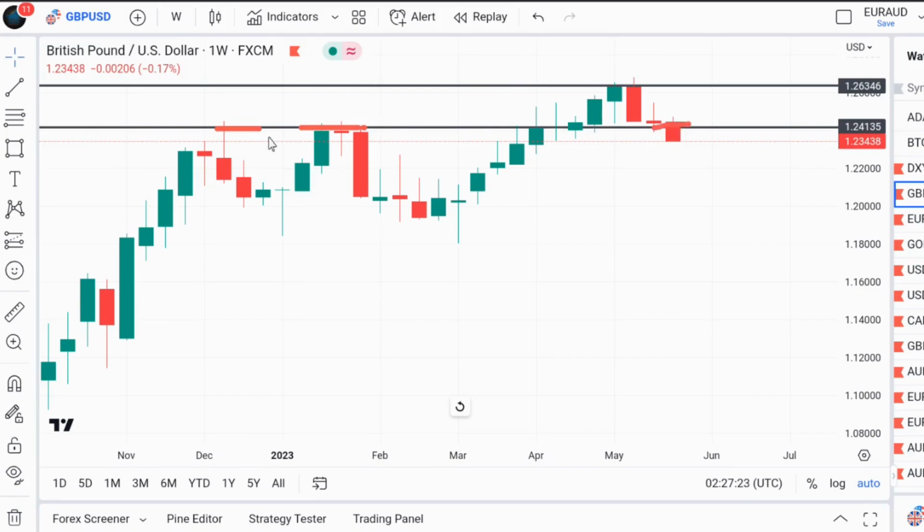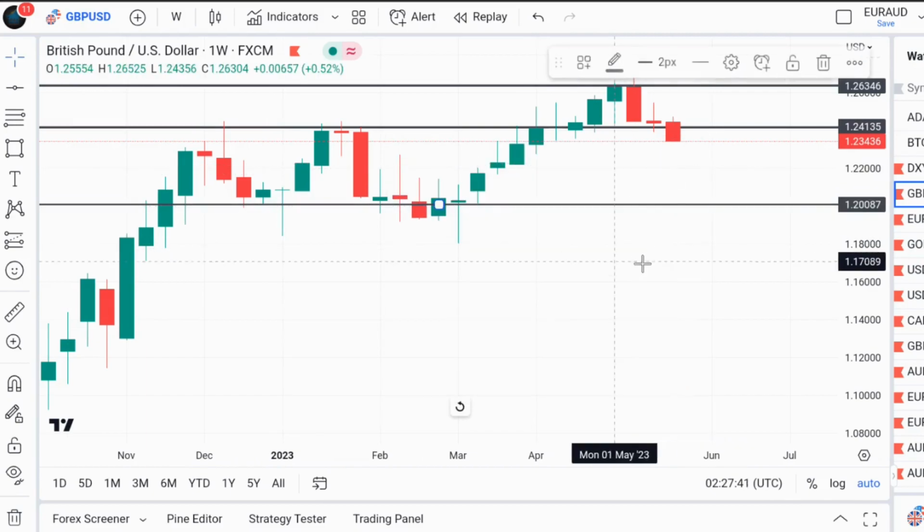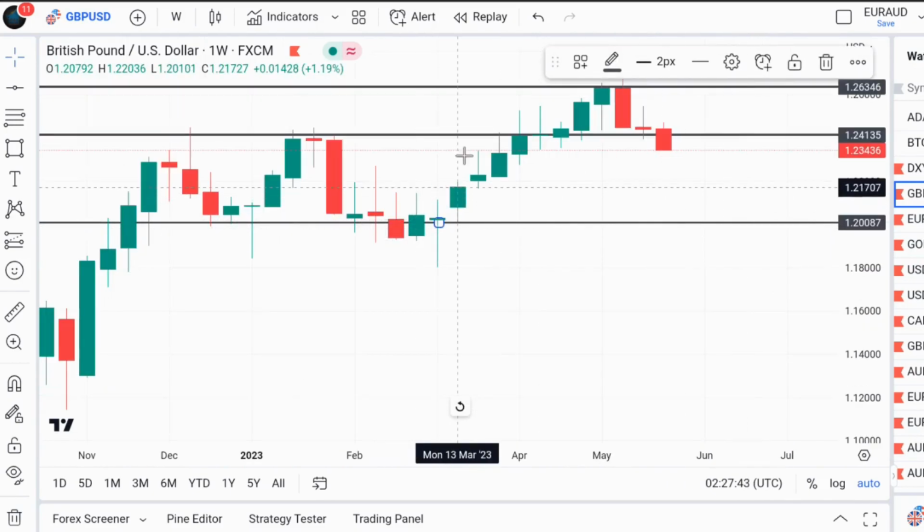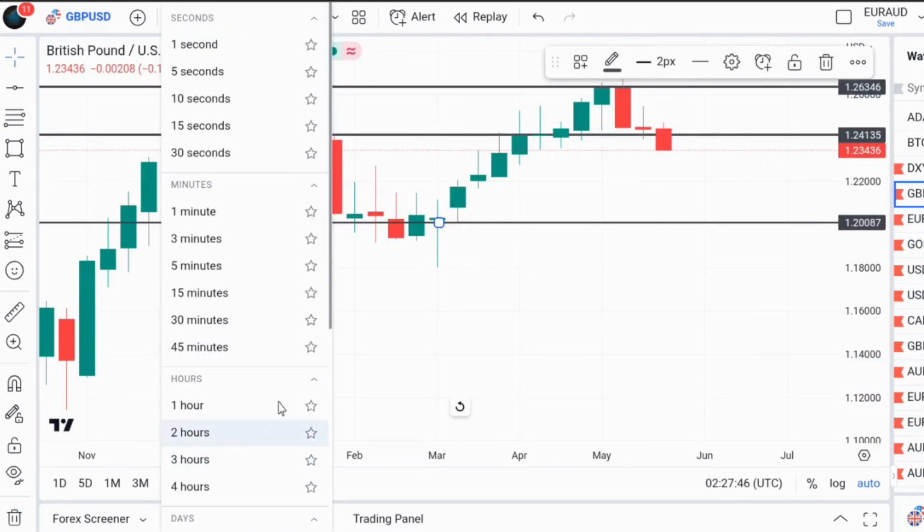So right now you can always anticipate a retest and more moves to the downside on GBP US dollar. So let's say the next target is there. So let's check the daily time frame.